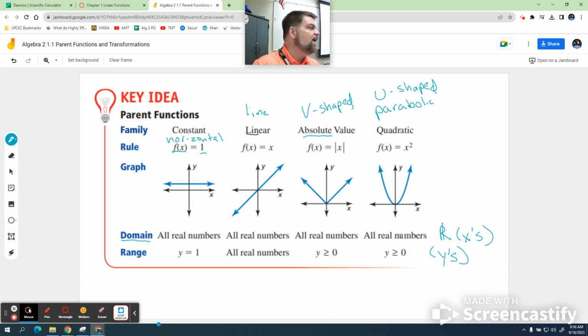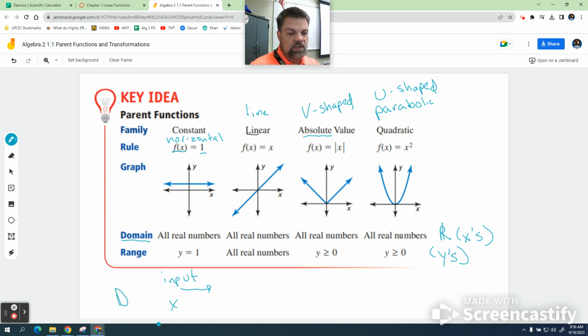Now, just to kind of remind you guys about function notation, remember that a function is, you have an x value, which we call an input. And that's associated with the domain. So all the possible x values that we could plug in for the input is the domain.